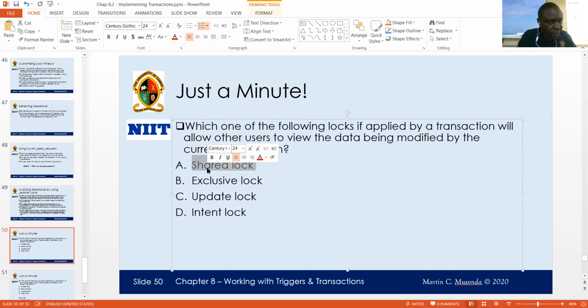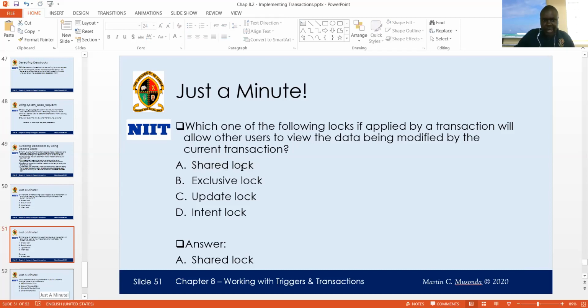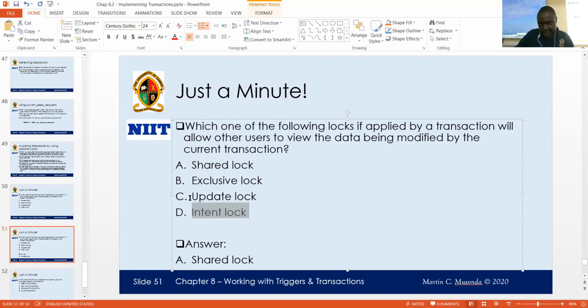So shared lock. It's shared lock. You can go through elimination, look at intent, what we said about intent; update lock will implement an exclusive lock.